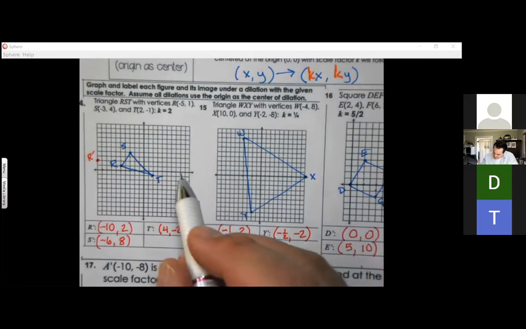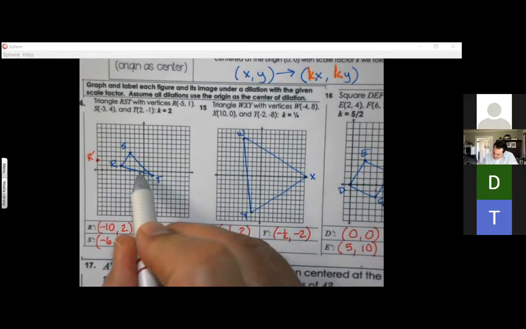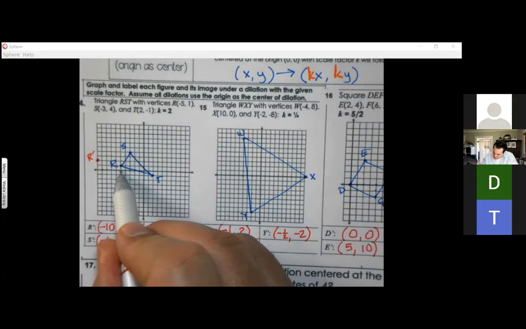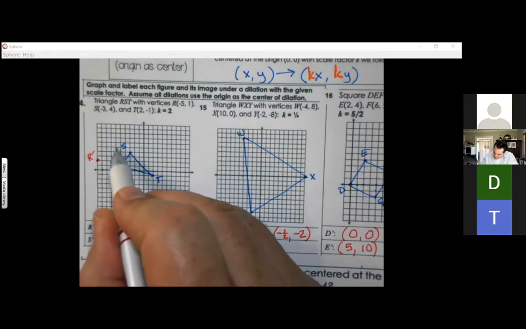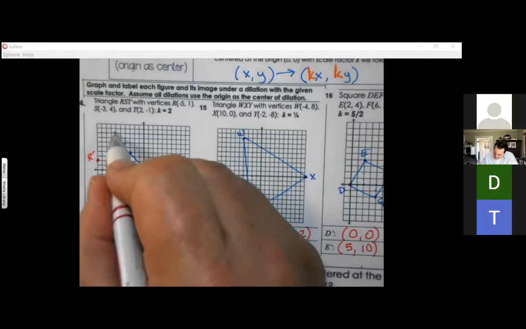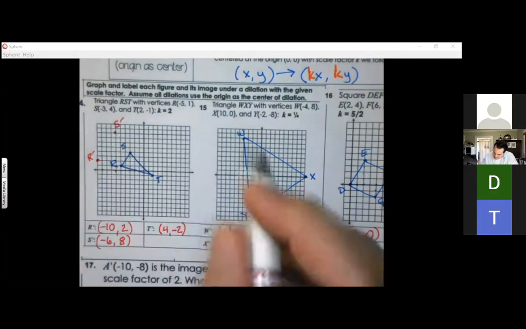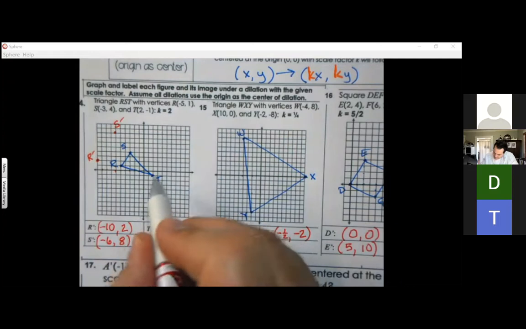And then S is going to be 1, 2, 3, 4, 5, 6. Up 1, 2, 3, 4, 5, 6, 7, 8. And then 4, 1, 2, 3, 4, down 2.